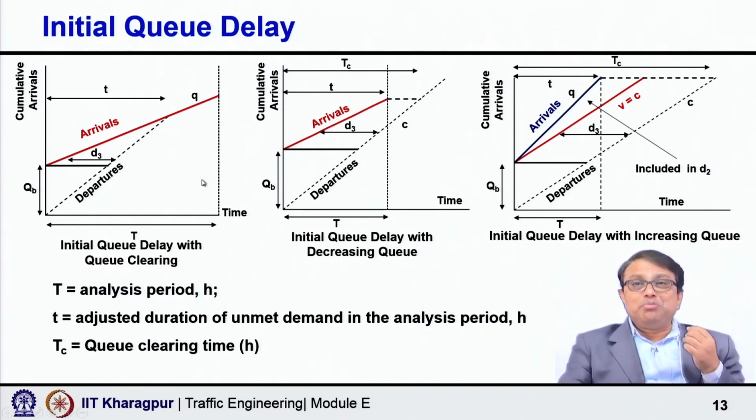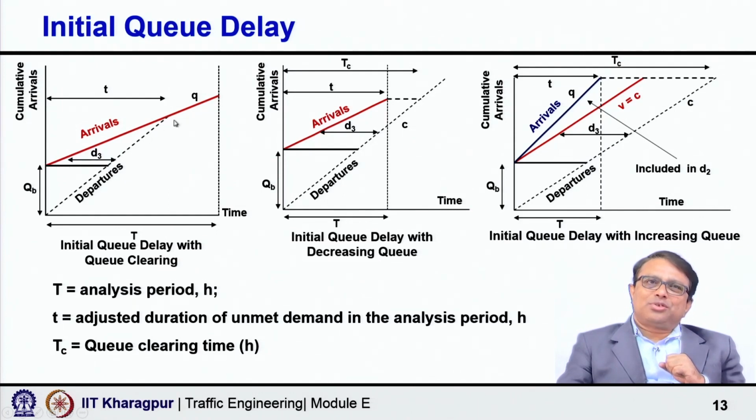First, the simplest and most comfortable one. You can see the red line is showing the cumulative arrival, and this dotted line is showing the cumulative departure.